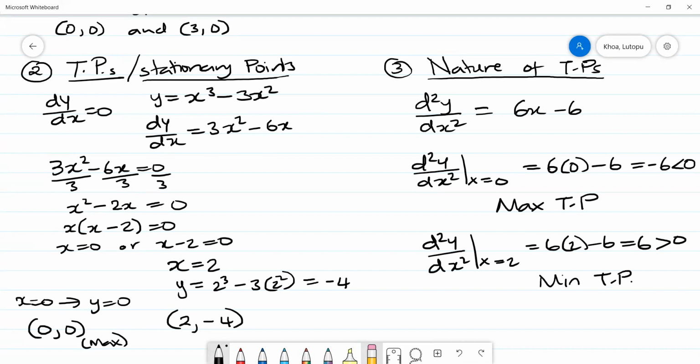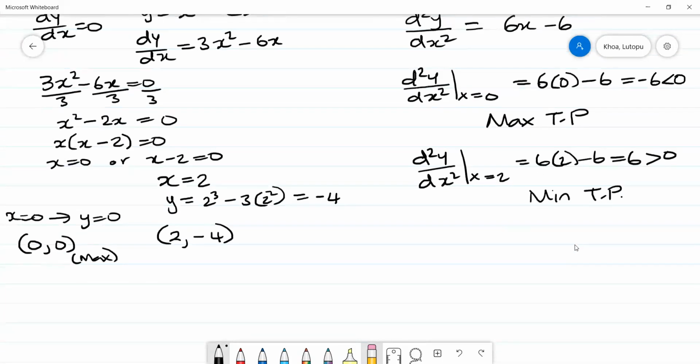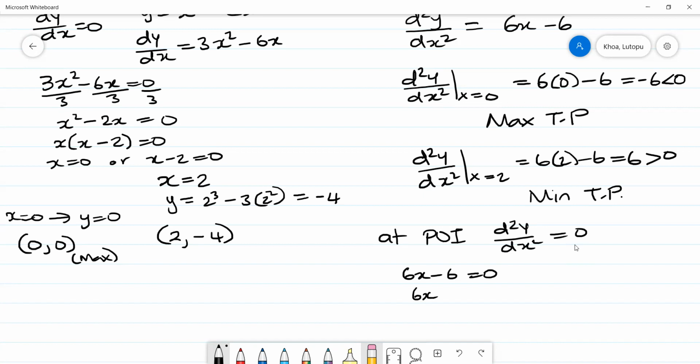Now we notice that none of our turning points is a point of inflection, but we want to be able to check, do we have a point of inflection? We know that at the point of inflection, the second derivative is equal to 0. So we equate it to 0 and then find the coordinates of the point of inflection. We have 6x minus 6 equal to 0. 6x is equal to 6.